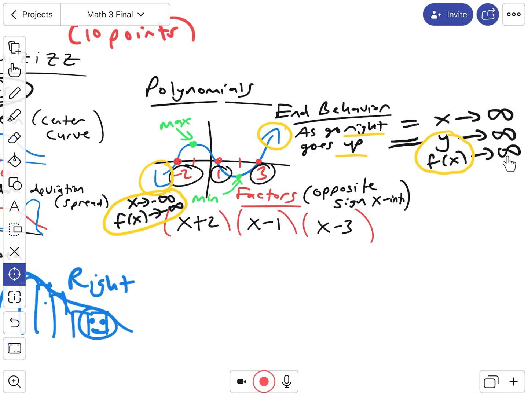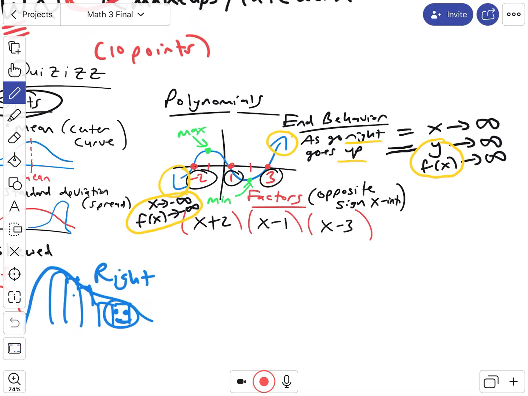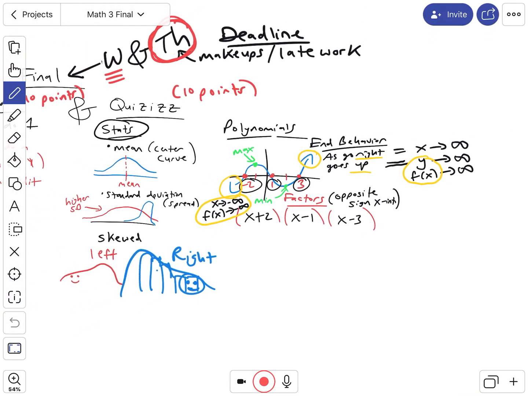So f of x going to infinity means it's going up. You could translate that as: as x goes to infinity, f of x goes to positive infinity. And as you go to the left, it goes down. So as x approaches negative infinity, f of x approaches negative infinity because it's going down. And that's pretty much all of the polynomial stuff.